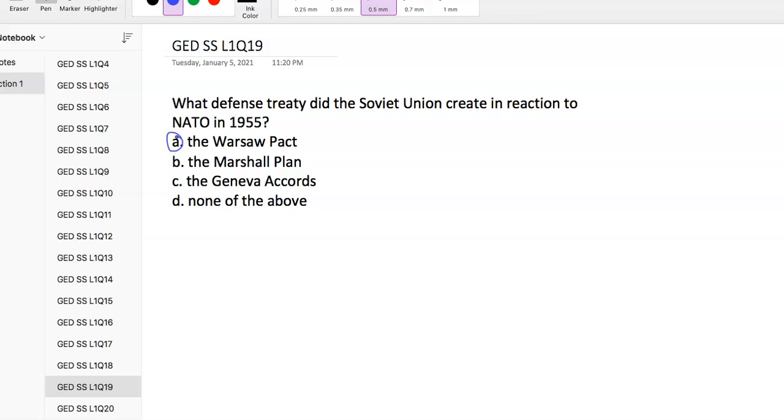The other states included Albania, Poland, Romania, Hungary, East Germany, Czechoslovakia, and Bulgaria. The treaty called on the member states to come to the defense of any member attacked by an outside force. West Germany became a member of NATO in 1955. This meant that West Germany could remilitarize. The Soviets saw this as a threat, and this is the main reason that the Warsaw Pact developed.